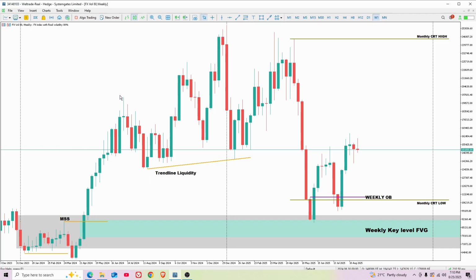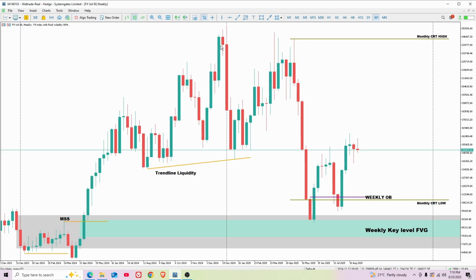What then happens, you have a high, you have a low, the high was taken, the market came back into a key level, we then pushed higher, we took out that high, we came back to this key level, but what happened to the key level? It was taken out. That's a market structure shift.